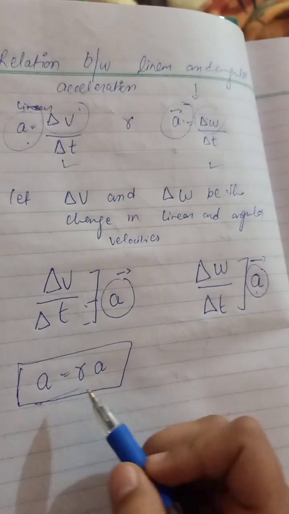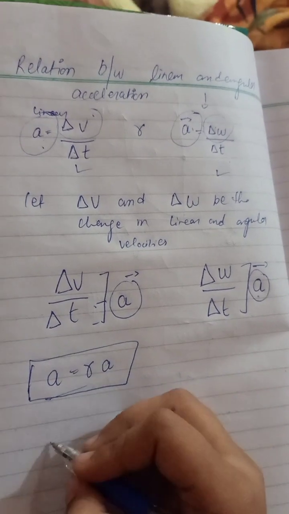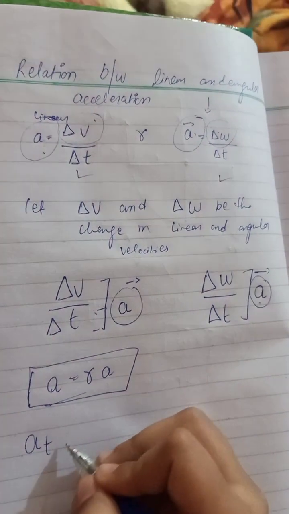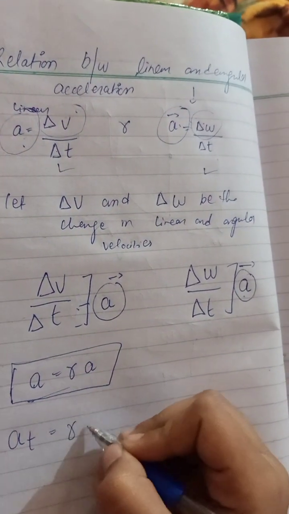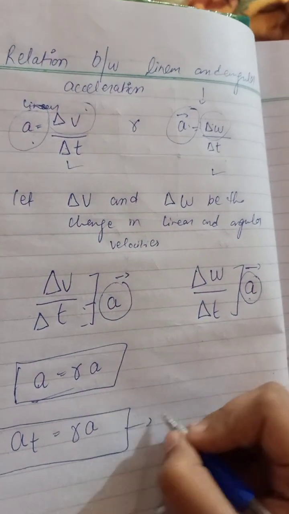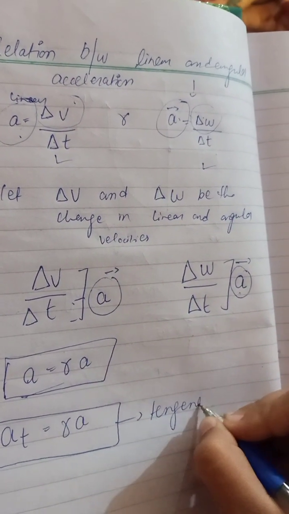So tangential acceleration is equal to r and alpha. So this is the tangential acceleration.